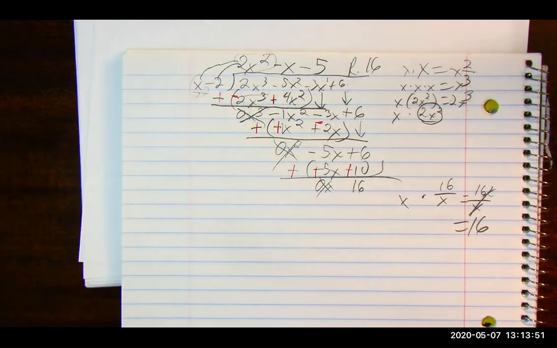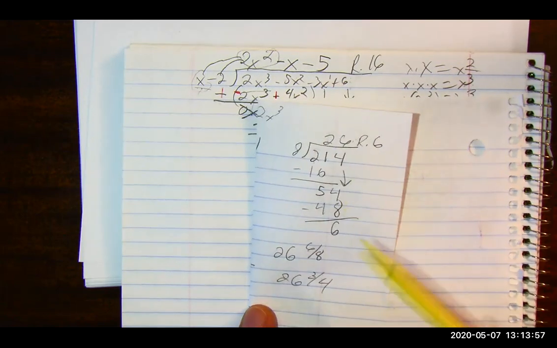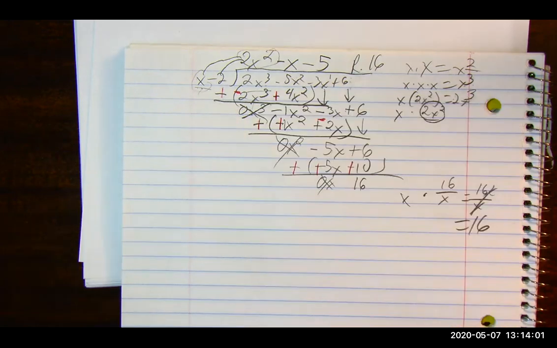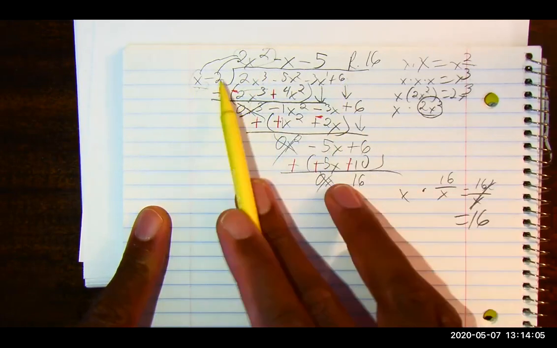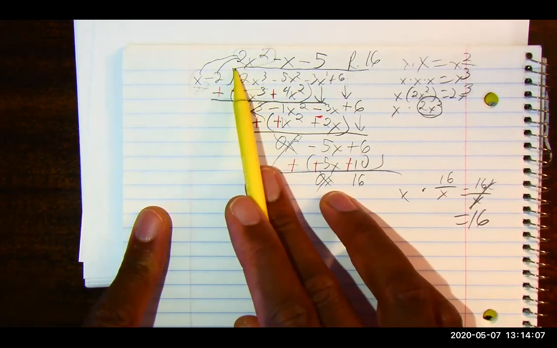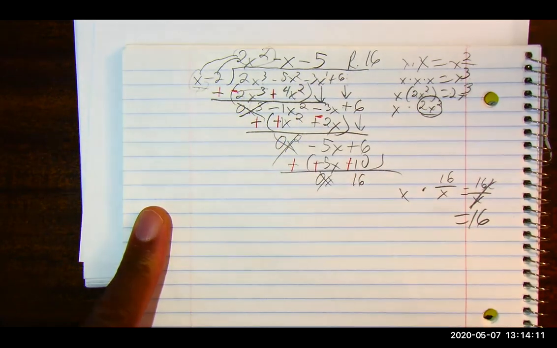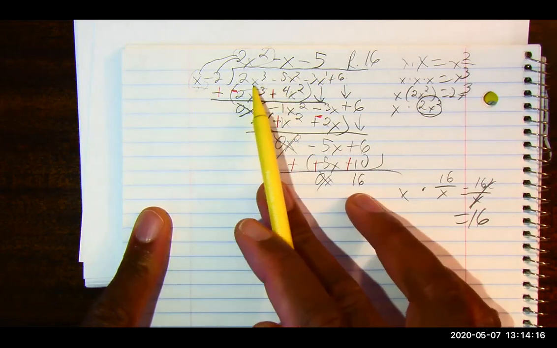This is one way to write the answer. Just like with fractions, we could say the remainder is 6 in this case, or we could write it in terms of a mixed number. So one potential solution is this cubic function divided by this linear function becomes a quadratic function, 2x squared minus x minus 5. And if you notice, if you divide a function by another function, it drops in degree.